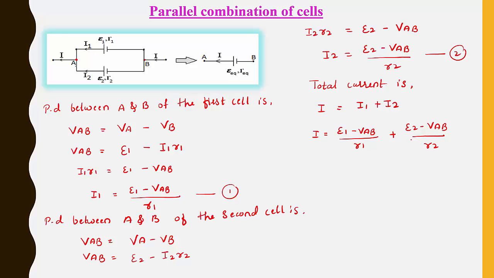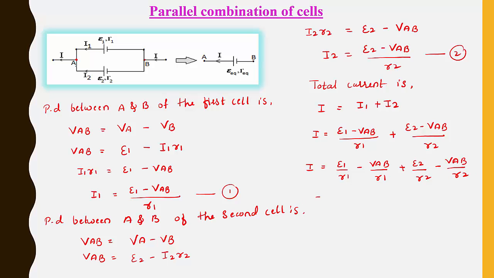We substituted equations 1 and 2 here. This equation can also be written as I equal to E1 by R1 minus VAB divided by R1 plus E2 divided by R2 minus VAB divided by R2.